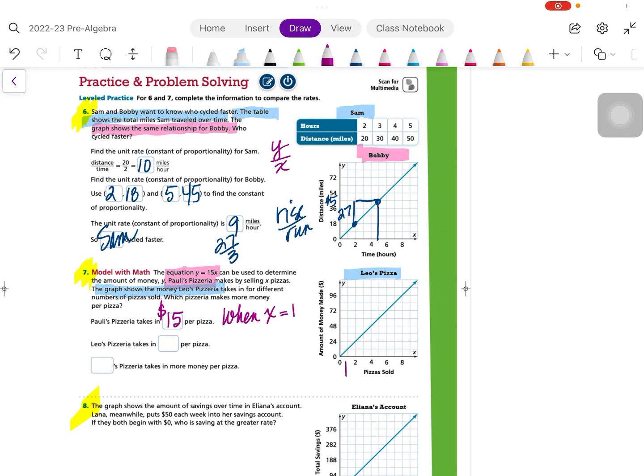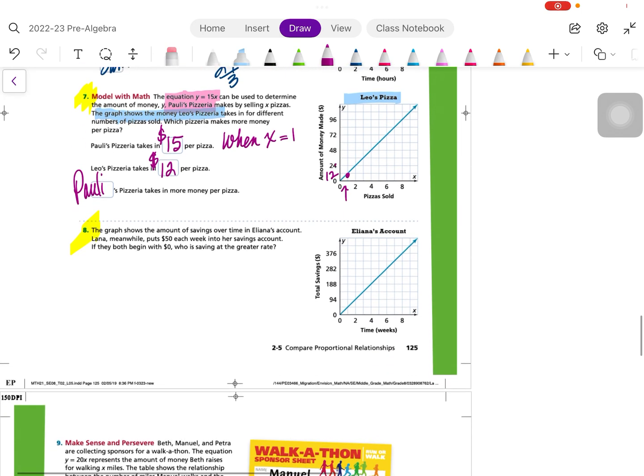You can also, and I told a couple of you this yesterday when we were doing the IXL, if you can see the point at which x is 1, you can just use that. So that's right here. If the second number up is 24, that means we need to do half of that, which is 12. So Leo's Pizzeria is taking in $12 per pizza. So therefore, Polly's is making more money per pizza.